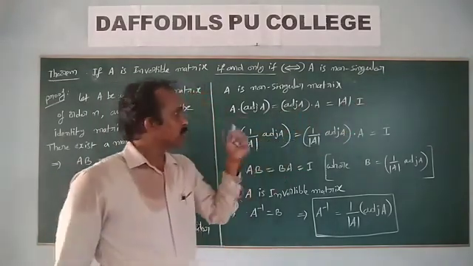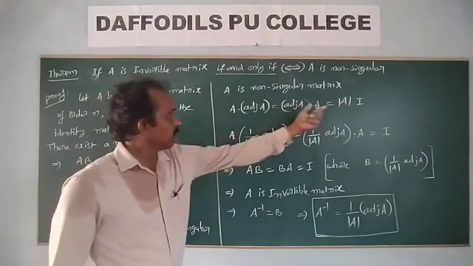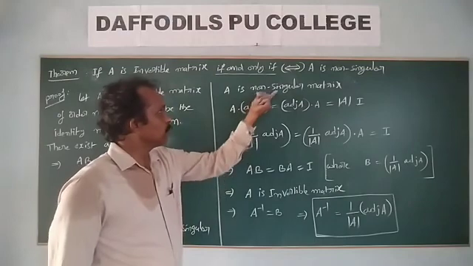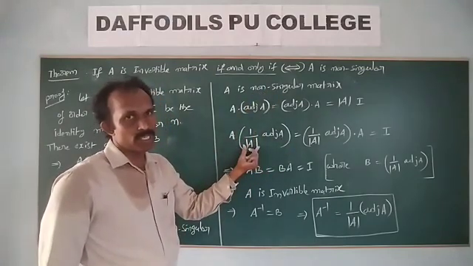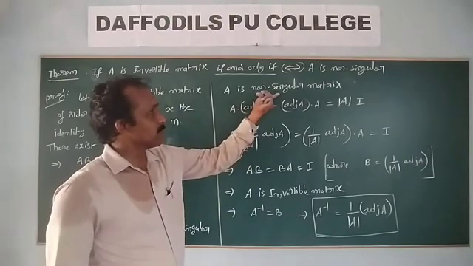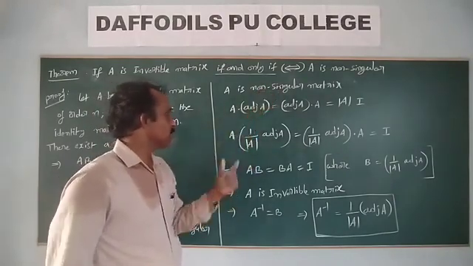So by the theorem, take det A to this side: 1 by det A. If A were a singular matrix, then 1 by det A would be 1 by 0, which does not exist. That's why A is non-singular.